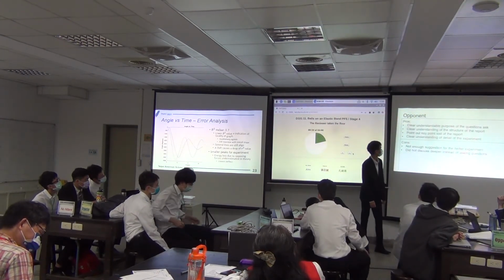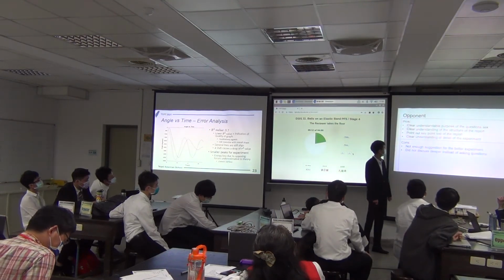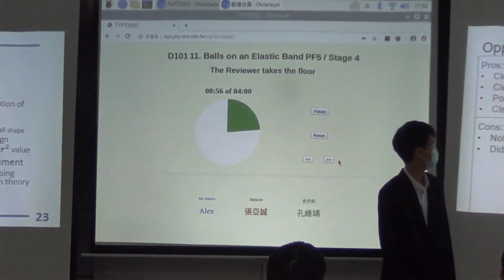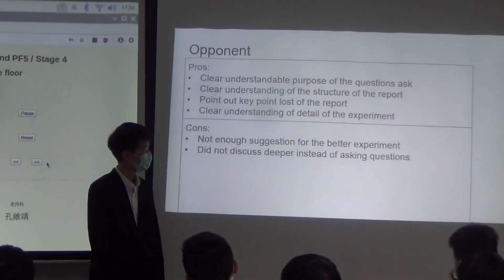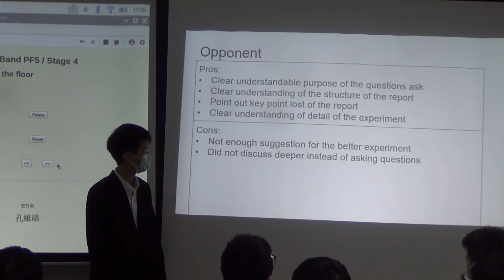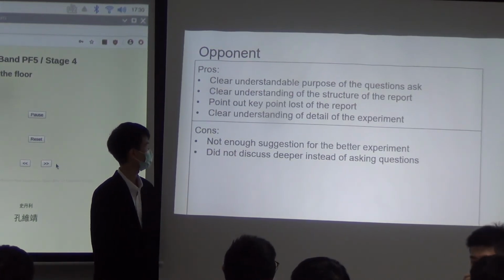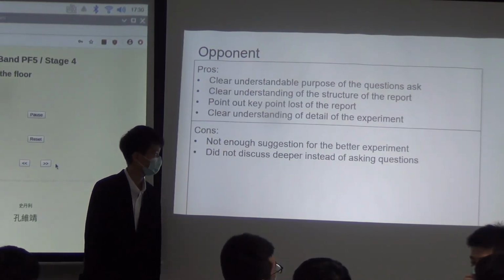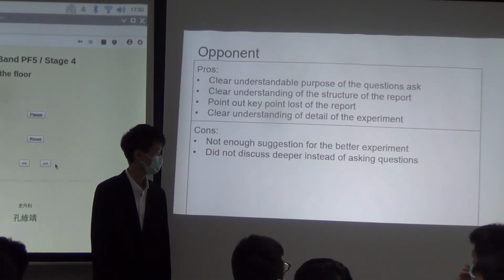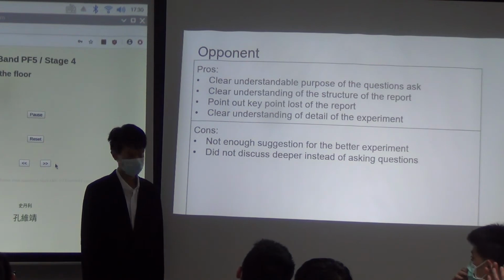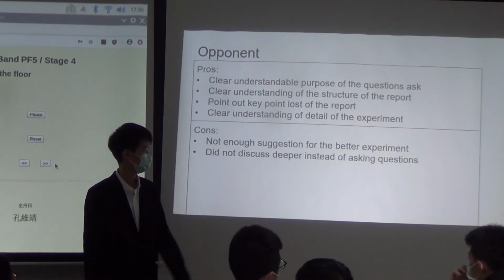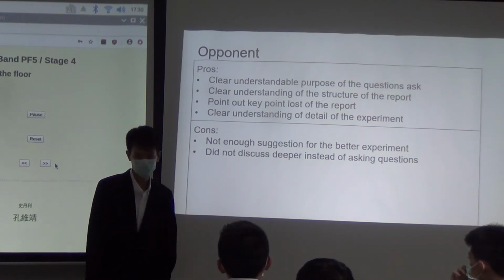For the opponent, the pros are a clear and understandable purpose for the questions asked, a clear understanding of the structure of the report, pointing out the key points, and a clear understanding of the details of the experiment. The cons are not enough suggestions for a better experiment, and not discussing deeper instead of just asking questions.